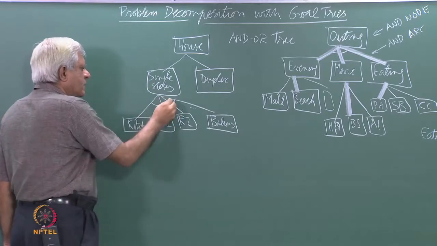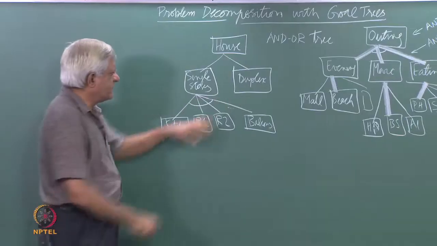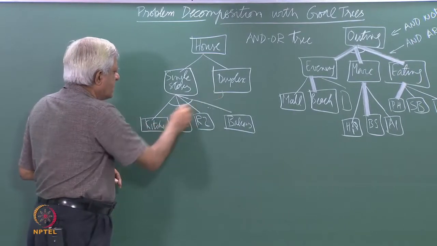Now, this of course would be an AND node here, and I could have edges coming from here. For example, a duplex house also will have a kitchen and so on and so forth.